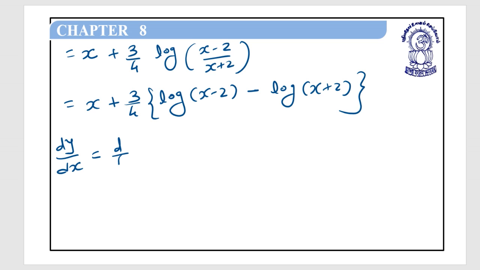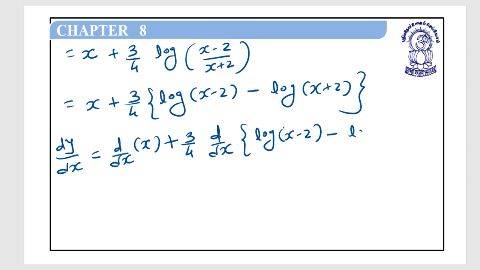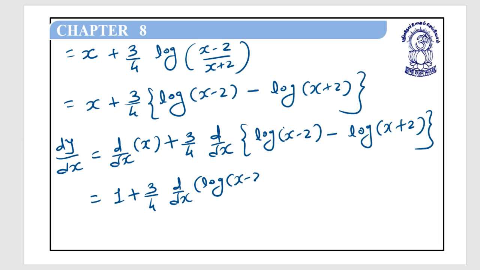So d by dx of x plus 3 by 4 constant, d by dx of log x minus 2 minus log x plus 2. dx by dx means 1 plus 3 by 4 d by dx of log x minus 2 minus 3 by 4 d by dx of log x plus 2.